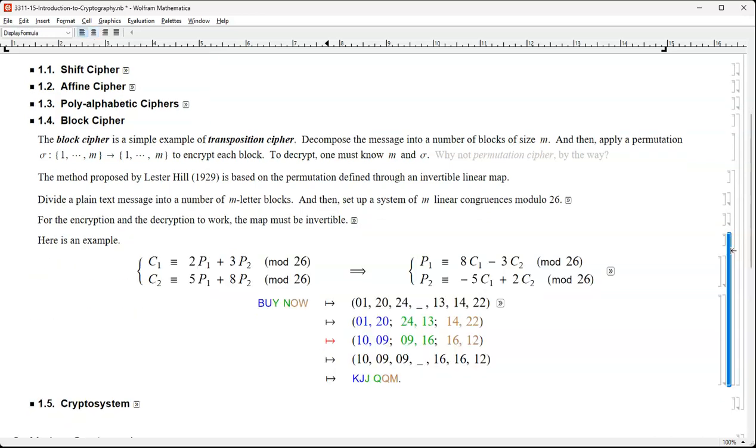And then as for the key, well, that's the key. The matrix 2358, that's the key. And then from here, this 2, 3, I'm highlighting those coefficients in red.